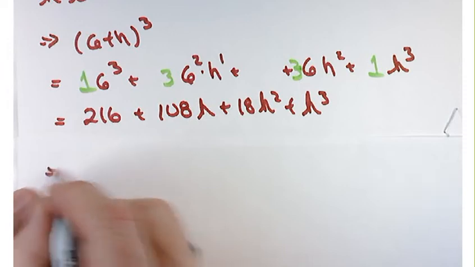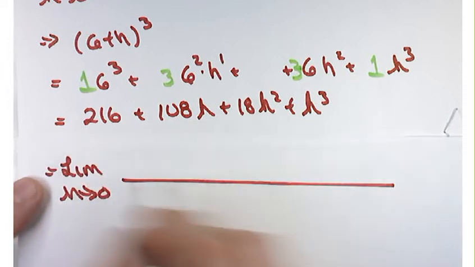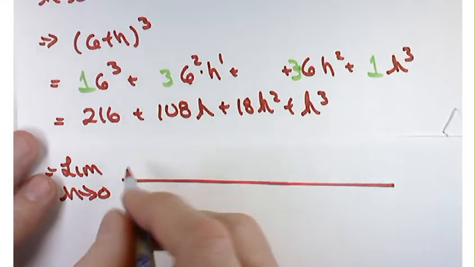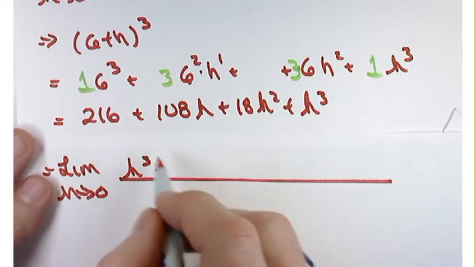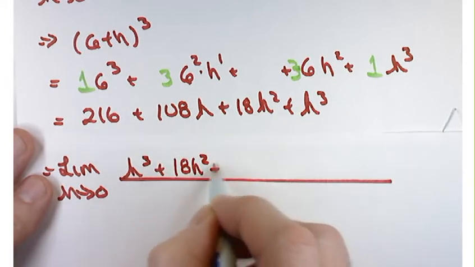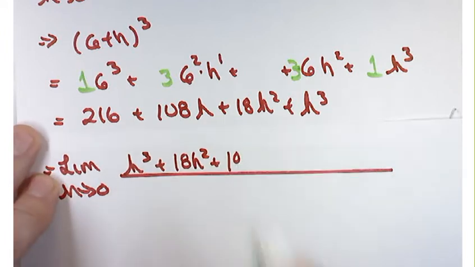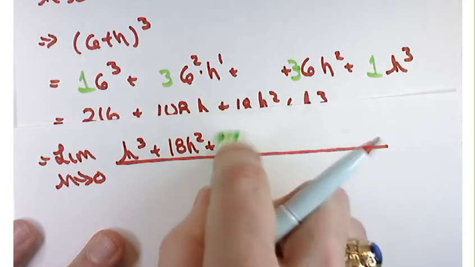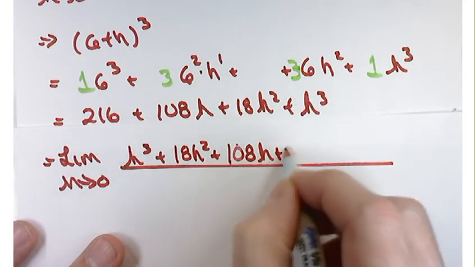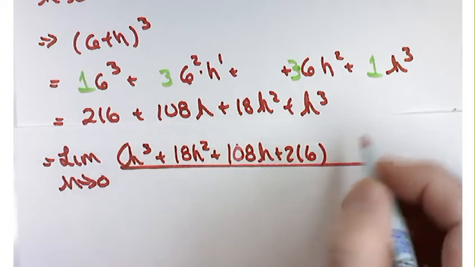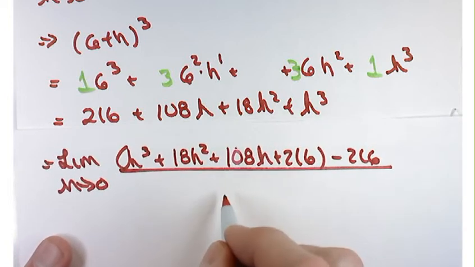So let's rewrite that as the limit as h approaches 0 of h cubed plus 18h squared plus 108h plus 216 minus 216, divided by h.